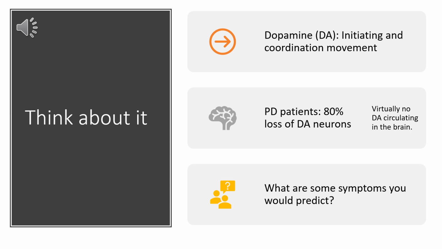What would you predict some of the symptoms may be, given that one of the functions of dopamine is to initiate and coordinate movements, and given that Parkinson's disease patients have over 80% loss of the dopamine producing neurons, so there's very little dopamine circulating throughout the brain? So what would those symptoms be? You could stop here, pause for a moment to ponder over that, maybe write it down, and we'll go over the symptoms in the next few slides.